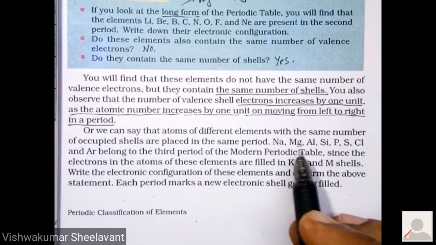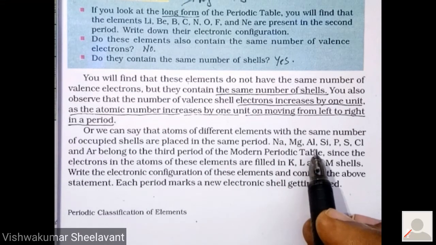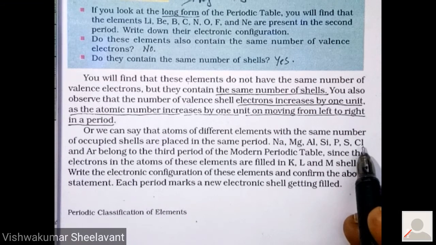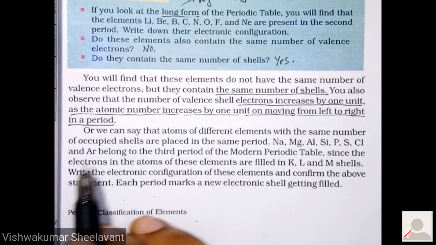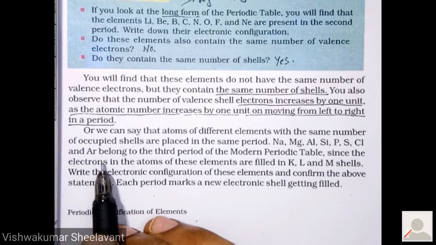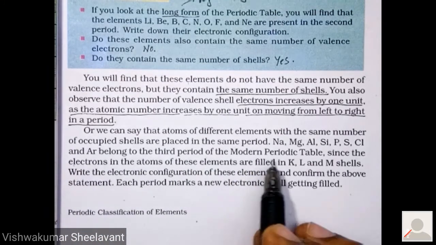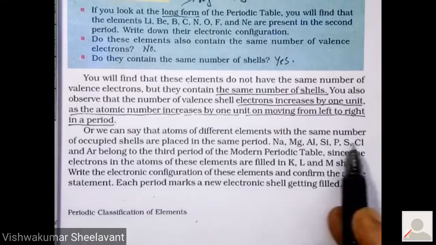Sodium, magnesium, aluminum, silicon, phosphorus, sulfur, chlorine, and argon belong to the third period of the modern periodic table.